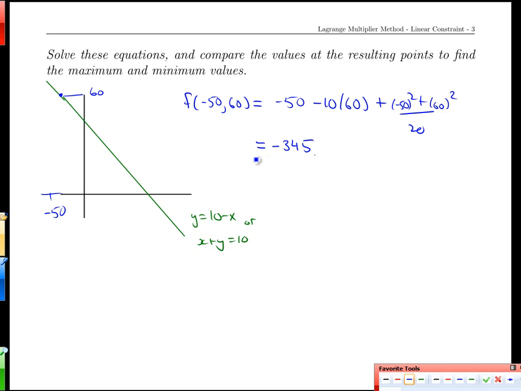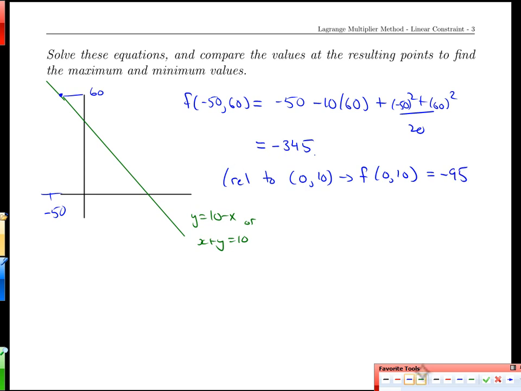That is tough to compare with. Just to get a comparison, though, at some other point, let's say relative to the value at 0, 10 would be another point on this graph. If x was 0, y would be 10, the function value at 0, 10 is minus 95.